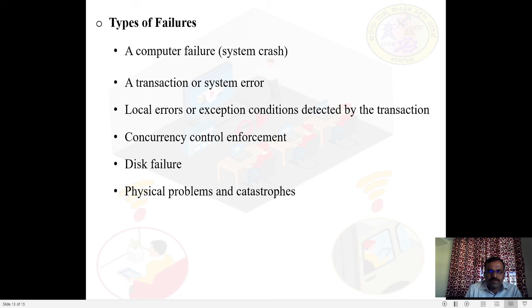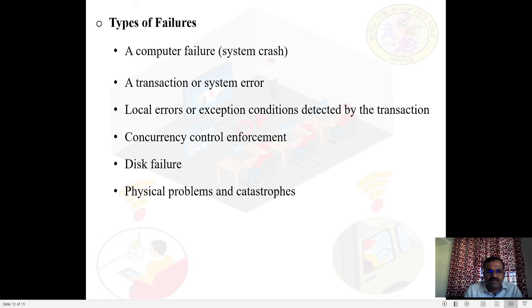The second type of failure is a transaction or system error. Some operation in the transaction may cause it to fail, such as integer overflow or division by 0. Transaction failure may also occur because of erroneous parameter values.